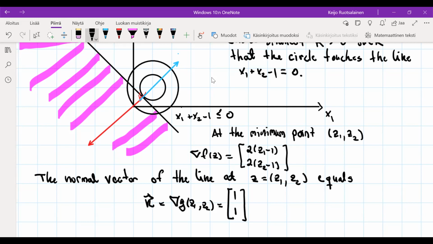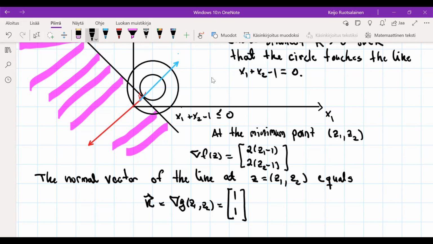So these two vectors must be in the same direction, so they are linearly dependent.